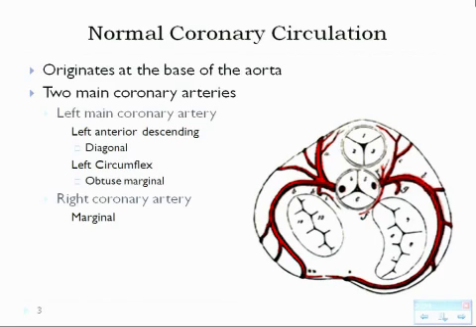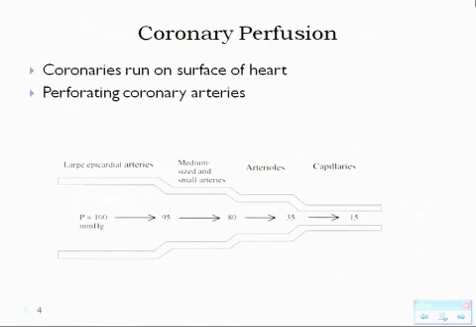Okay. Again, this is a nice drawing showing you how the aorta has the first branching arteries coming off, which is the RCA and the left main. Now, what's really interesting about coronary perfusion compared to any other organ system in your body? You guys have all looked at kidneys before, or at least seen them in pictures, or intestinal tracts or liver.